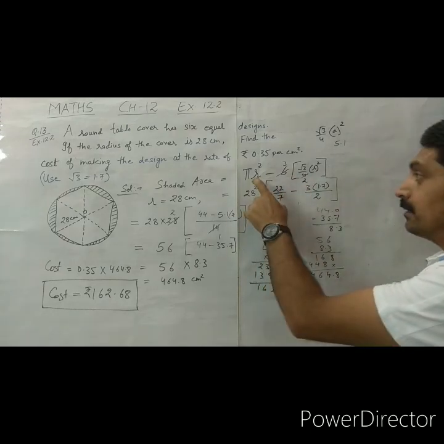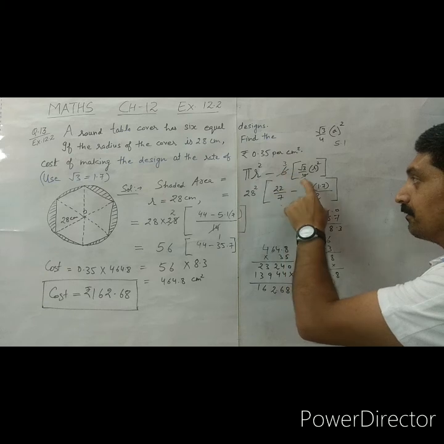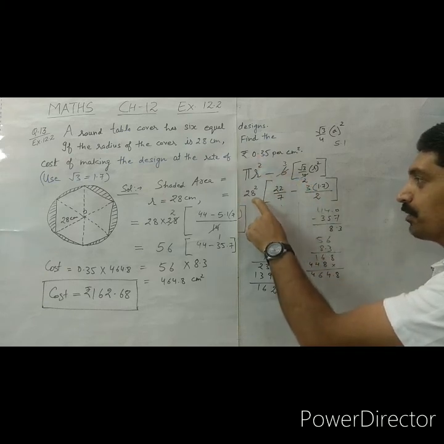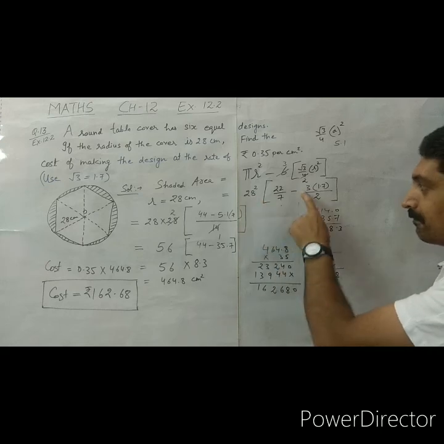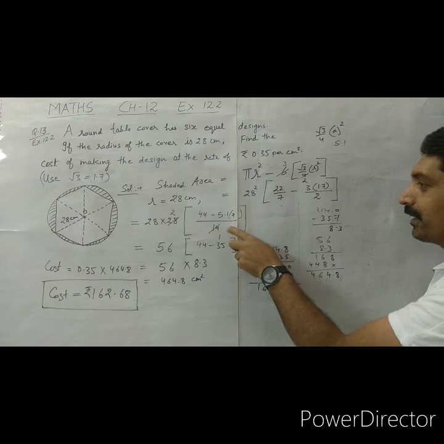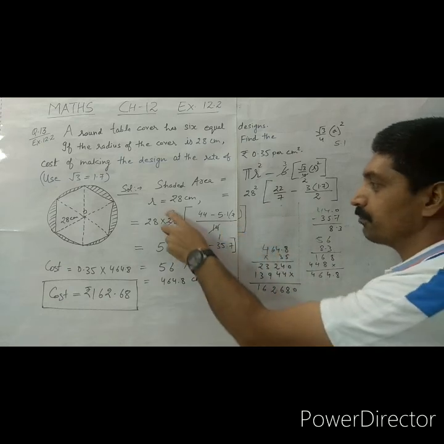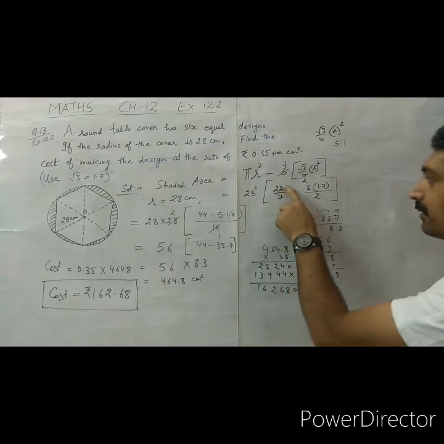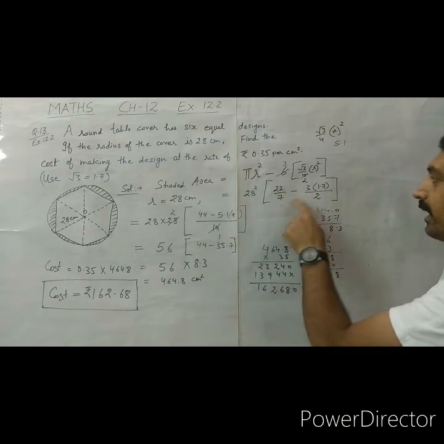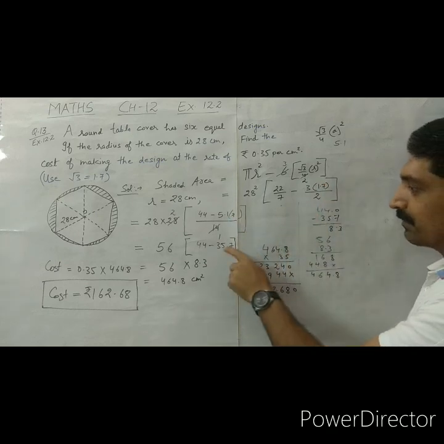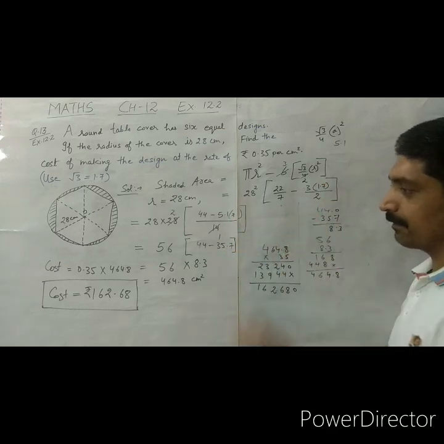So after subtracting the area of these 6 triangles from the area of the circle, we are taking r square common, and after going for the LCM, here LCM is 14, 14 ones are 14, 14 twos are 28, and here after LCM here it is 44, and here 51 into 7 is 35.7.